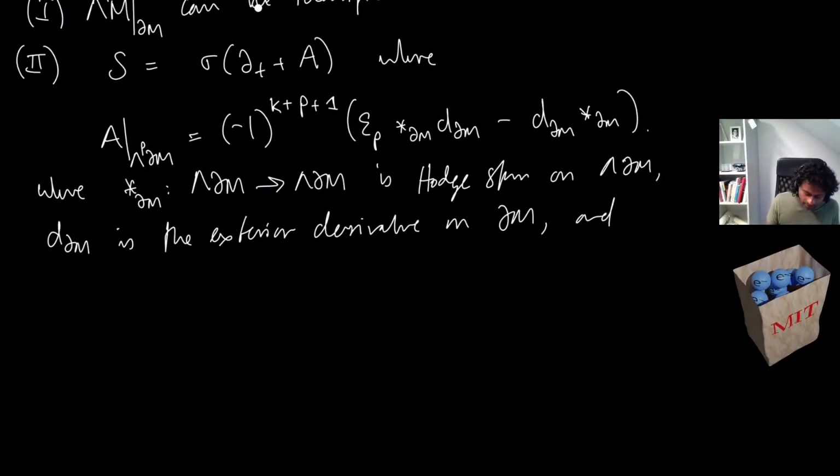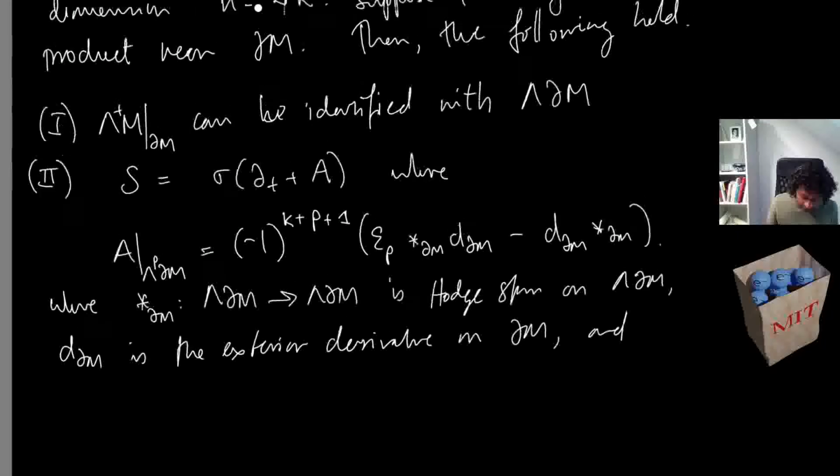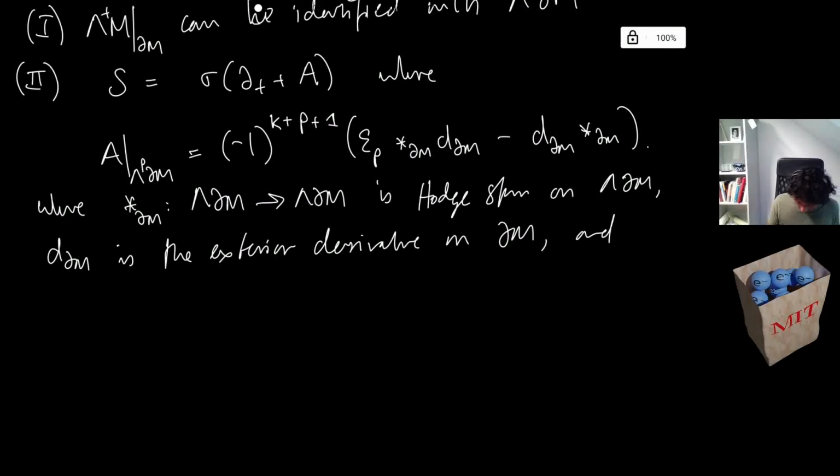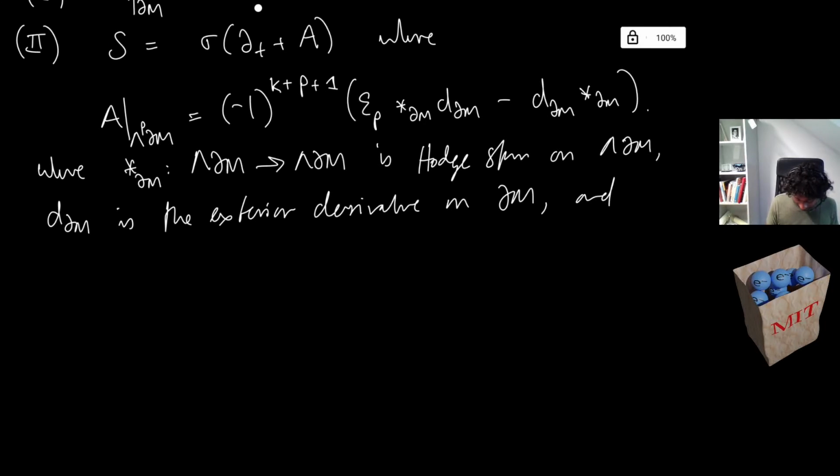So the reason is that we can now consider A acting on the differential forms. A is an operator that acts on differential forms on the boundary, right? Ordinarily A would be acting on the bundle Lambda^+ M restricted to the boundary, but because it can be identified, we now have the operator A acting on the differential forms on the boundary.